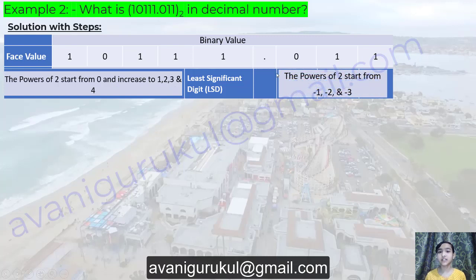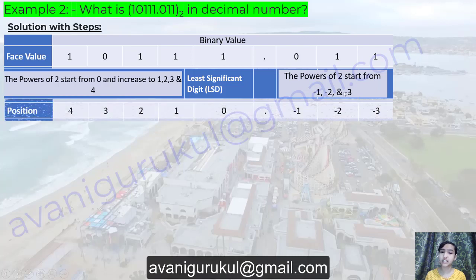And for the right side of point, the power of 2 starts from -1, -2 and -3. Its position from the left side of the decimal point is 0, 1, 2, 3 and 4, and from the right side of the decimal point is -1, -2 and -3.